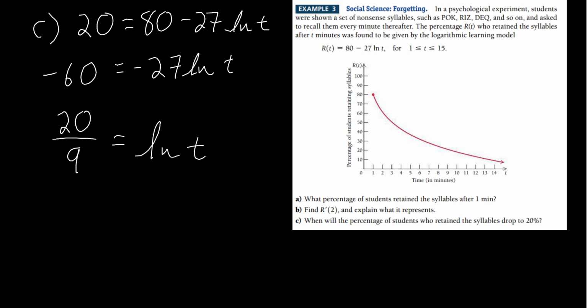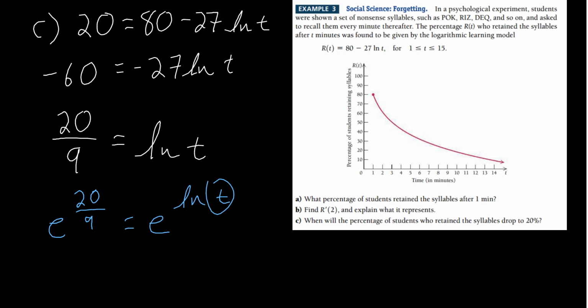And at this point, the way we solve this, of course, is we raise both sides to e. So we'll have e to the 20 over 9 is equal to e to the natural log of t. But we learned in a previous section that e to the natural log of t is just t, right?